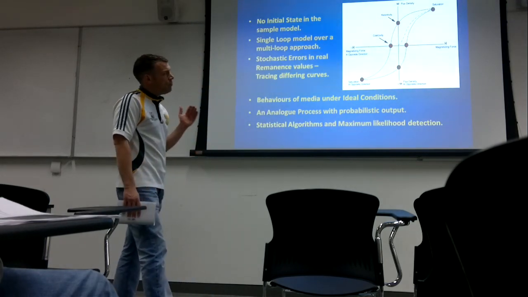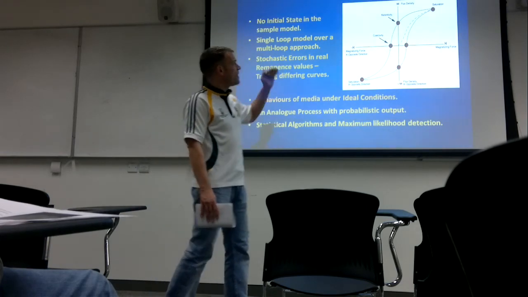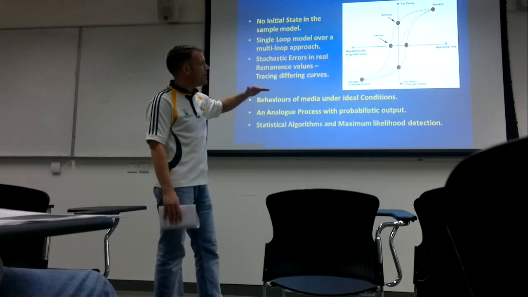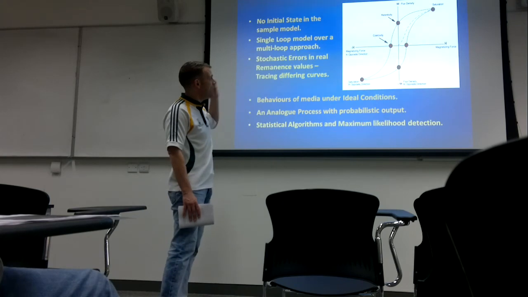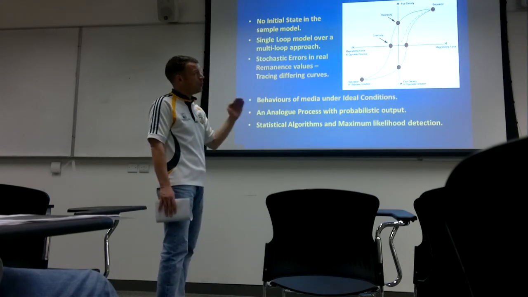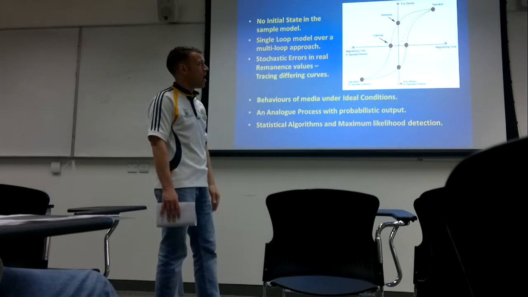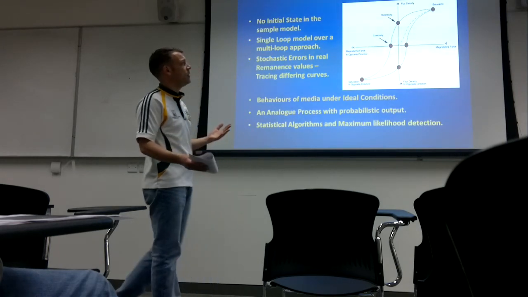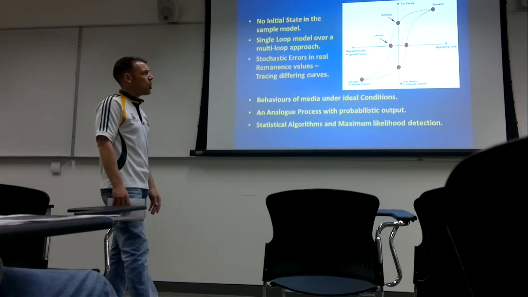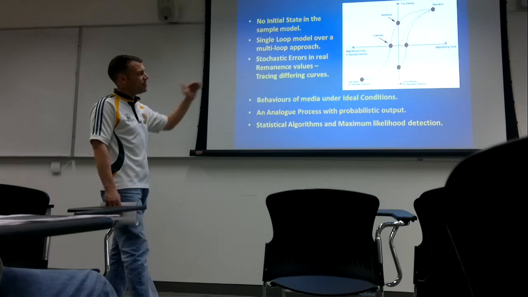Secondly, in real world operations, the saturation points A and D are never really reached. There's a stochastic error in saturation levels on subsequent writes. On every different write of a hard drive, and hard drives are constantly being written and rewritten, there's always a difference in saturation levels. A and D are never reached.